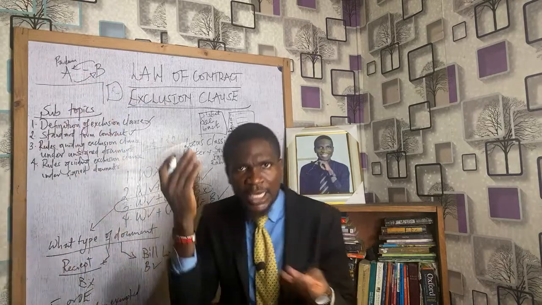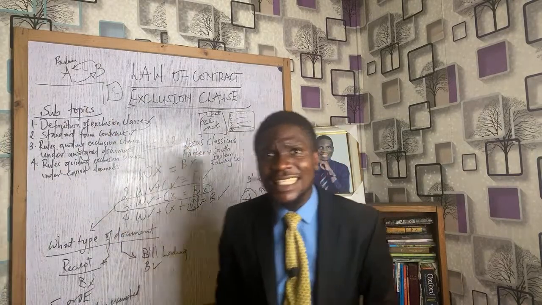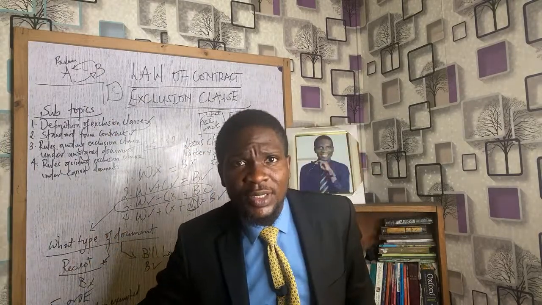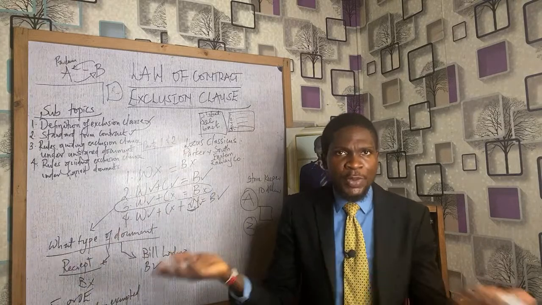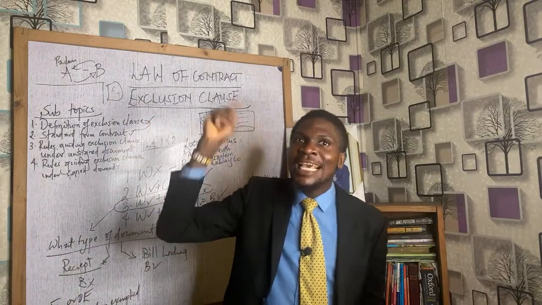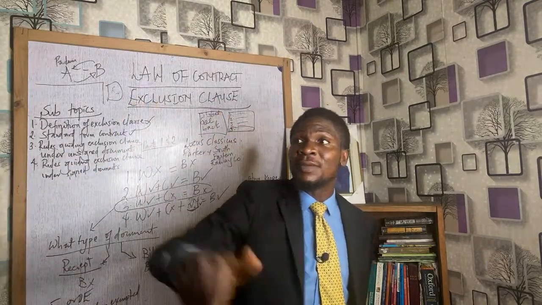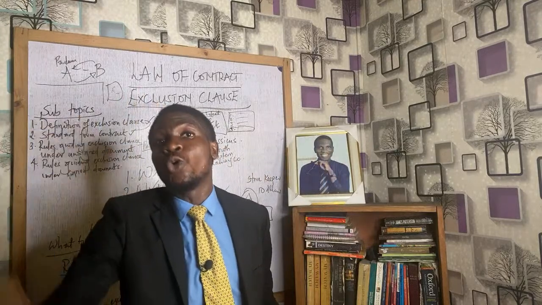No. And the worst part is you didn't even let me know that the receipt you are giving me contains conditions. Do you understand? It's going to be unfair. You get? So that is the reason why the court will say that if you are going to put conditions in a receipt, you must take necessary steps to let the other party know that the receipt contains conditions.